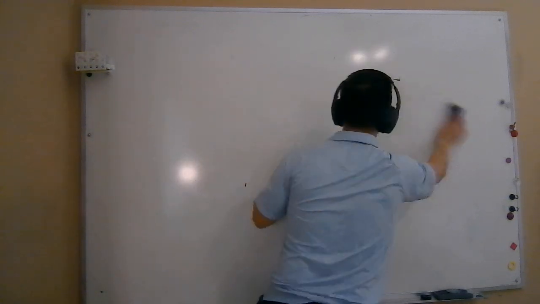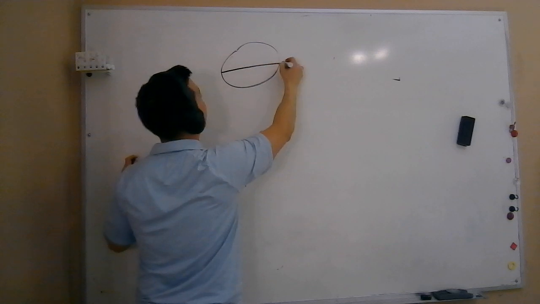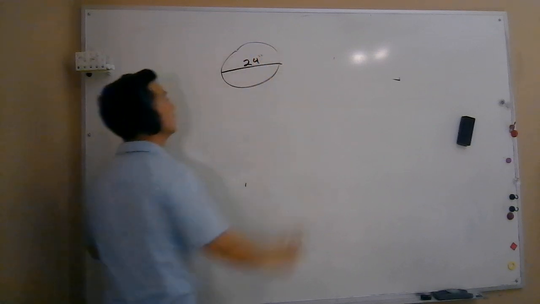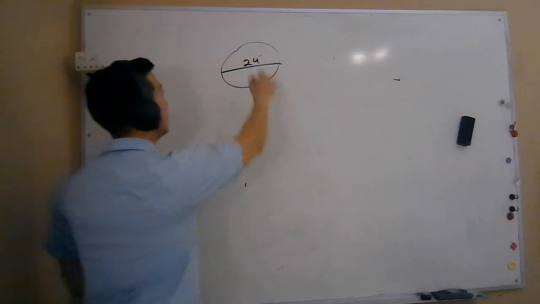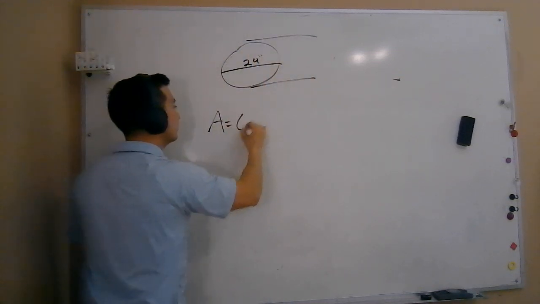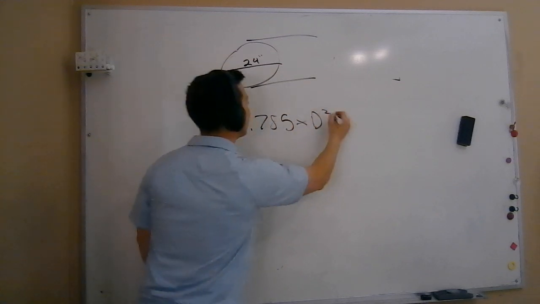We've got a circle. We've got a diameter here in the middle that's equal to 24 inches. Let's say we're talking about a water pipe. If we're trying to calculate the area, we're going to use our 0.785 formula times my diameter squared.